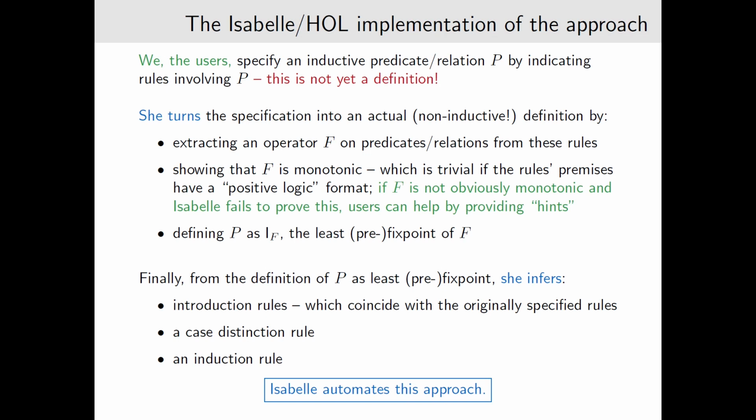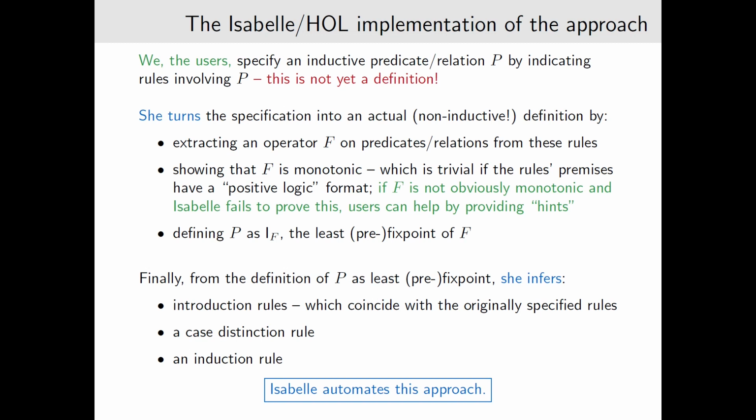Now, what happens if f is not obviously monotonic? Most of the time, it probably means it's not monotonic, and the definition is wrong. But sometimes, when you nest some predicates in the inductive definition, you need to help Isabelle to show that these higher order operators are not negatively interfering with the monotonicity.